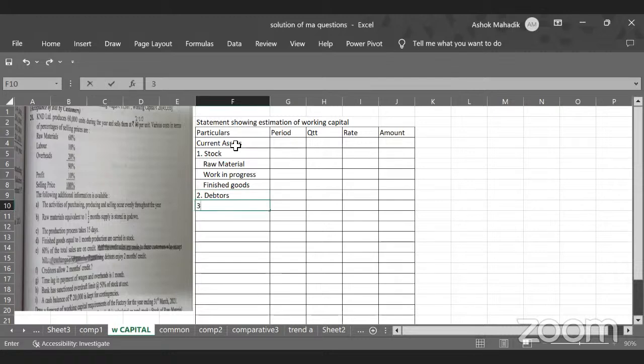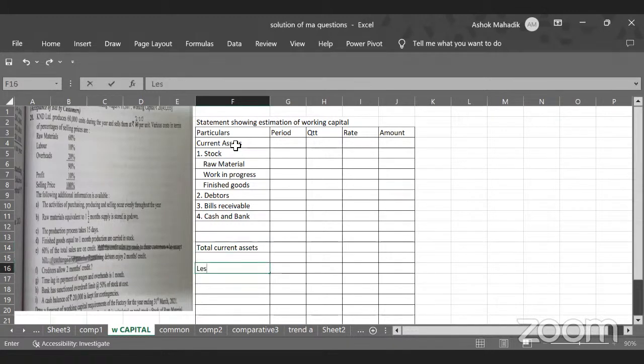And sometimes you may have bills receivable. Then cash and bank. After this, we can leave two lines and write total current assets.